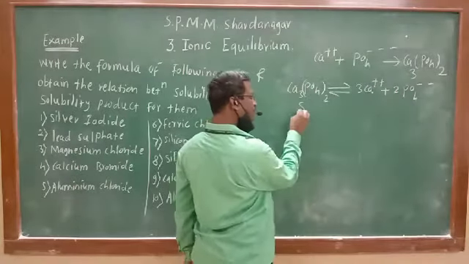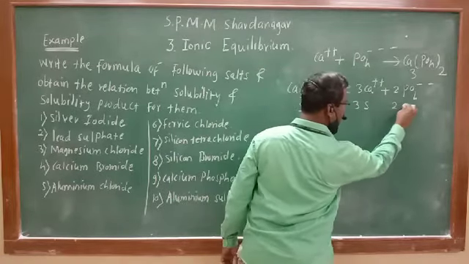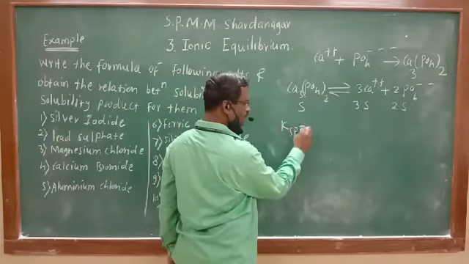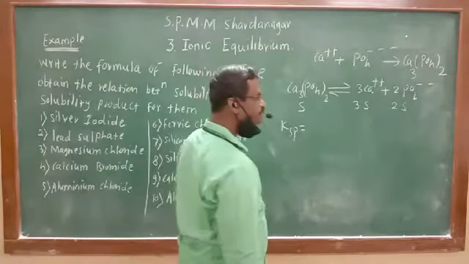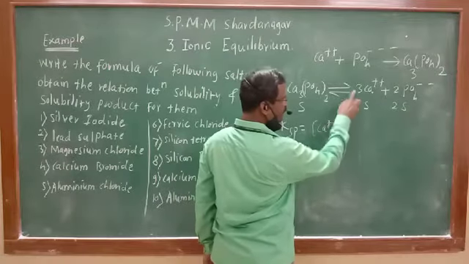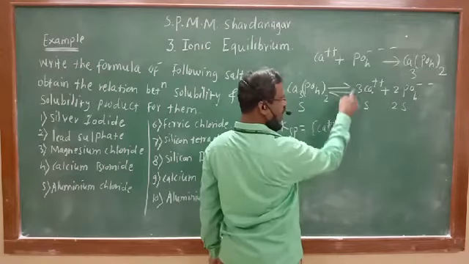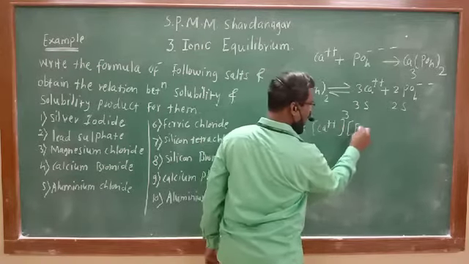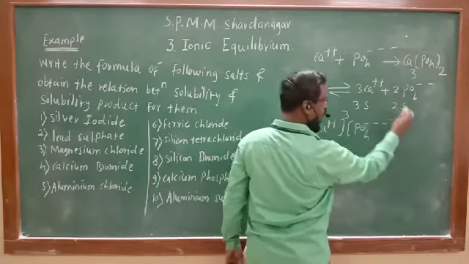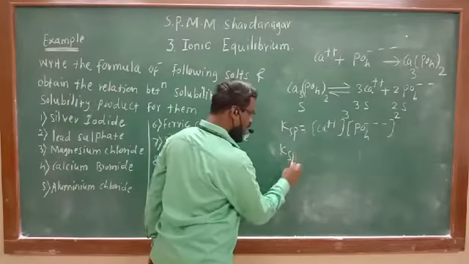If the solubility is s, this will be 3s, this will be 2s. Now write the equation for solubility product Ksp. Concentration of Ca2+, these 3 coefficient becomes the exponent. Then phosphate 3-, these 2 becomes the exponent. And now substitute the values.